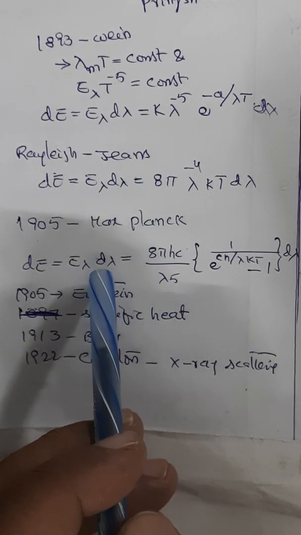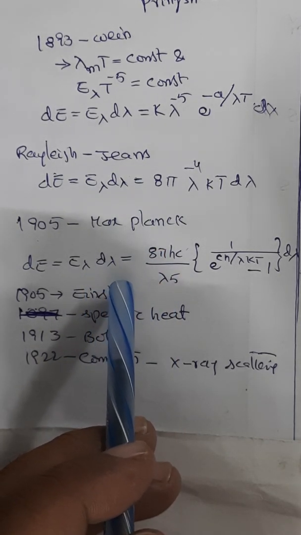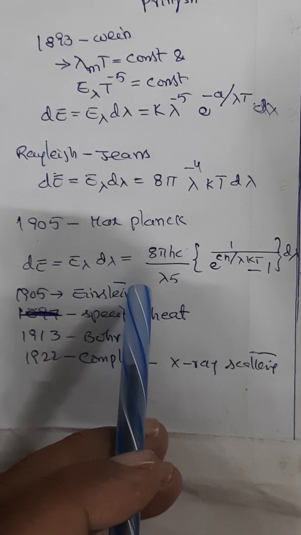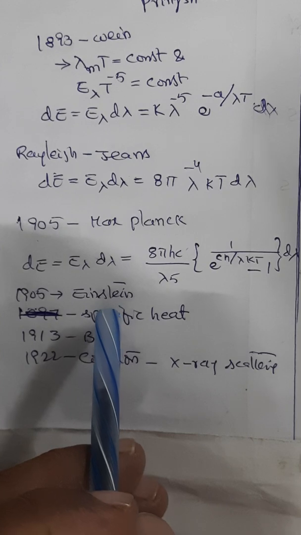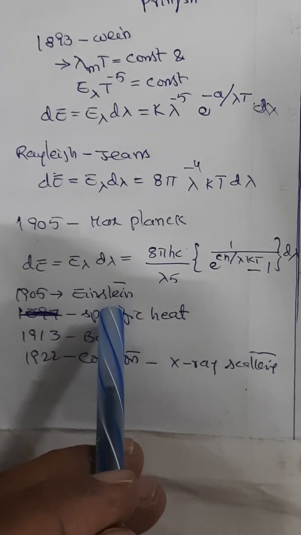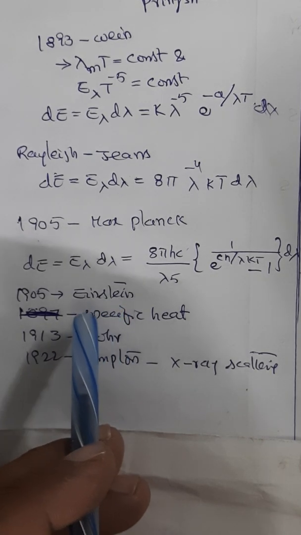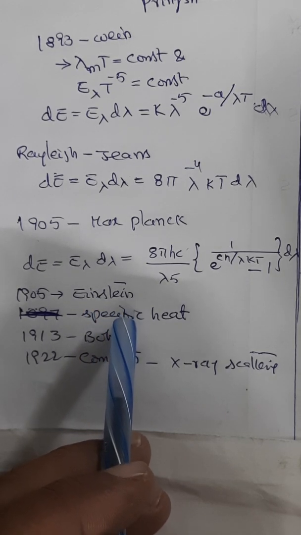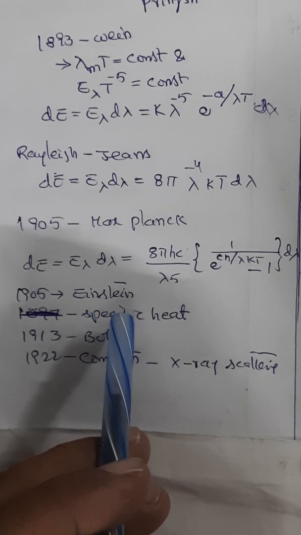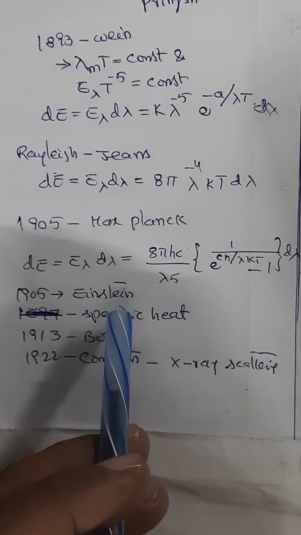So Max Planck's idea of quantum theory was so revolutionary as to allow its immediate acceptance in the scientific community. In fact, based on that, in the year 1905, the great man Albert Einstein applied this quantum concept of radiation to explain the photoelectric effect, which could not be solved on the basis of classical theory.